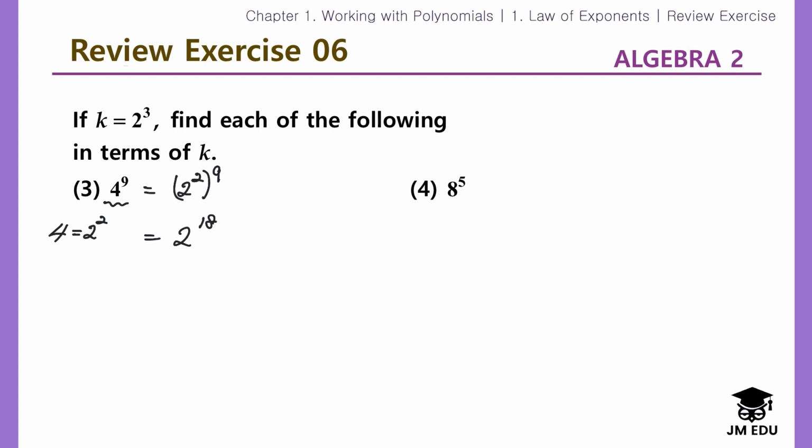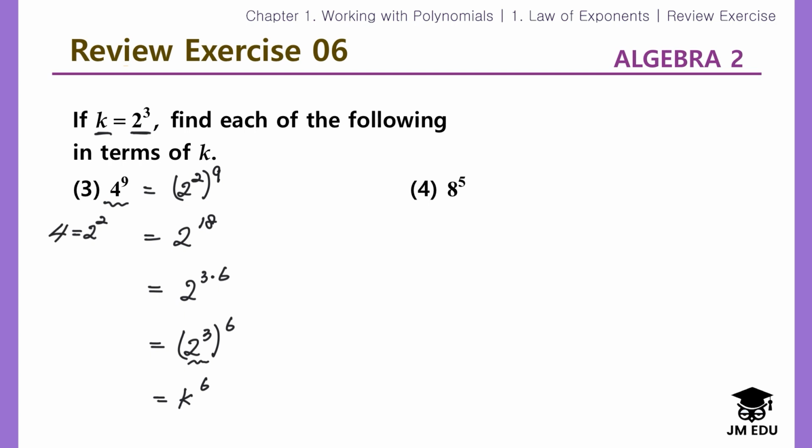And we must have a 2 cubed, right? Because that's k. So 2 to the 18, 18 is 3 times 6, right? So that's 2 cubed to the power of 6. And this one is k. So this is equal to k to the power of 6.